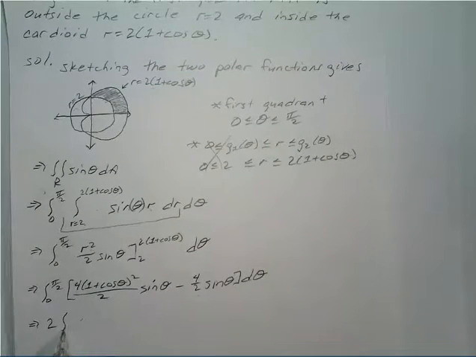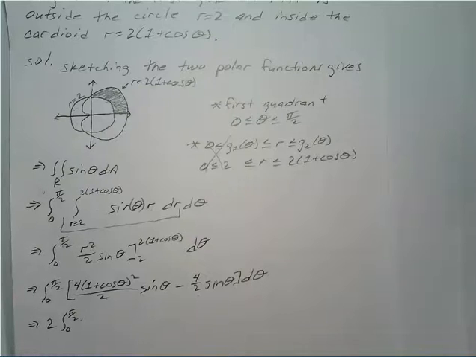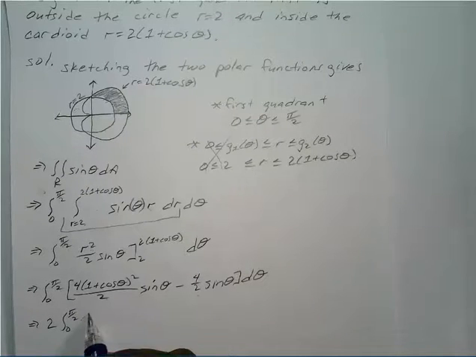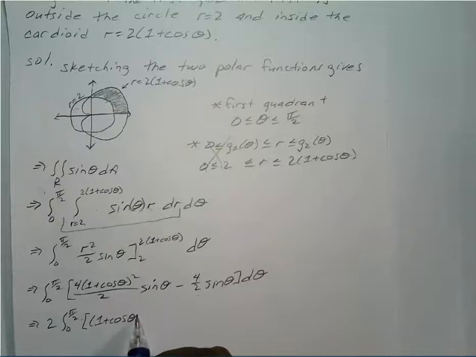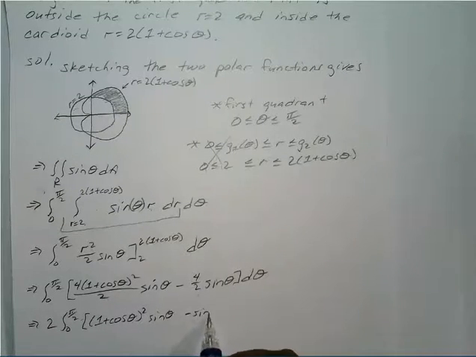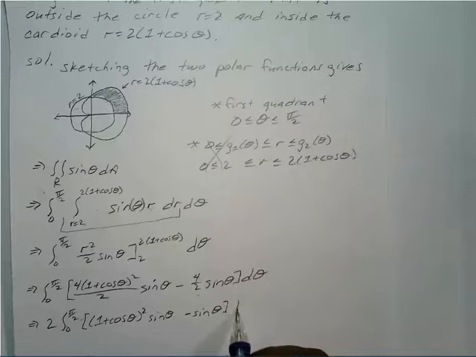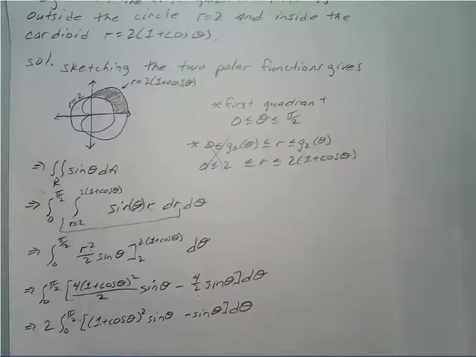So you have 2, from 0 to pi over 2, of 1 plus cosine theta squared sine of theta minus sine of theta with respect to theta.